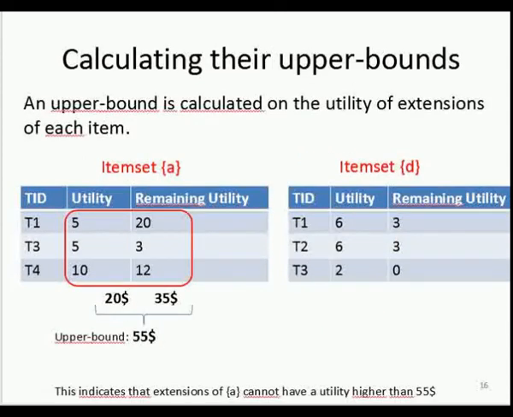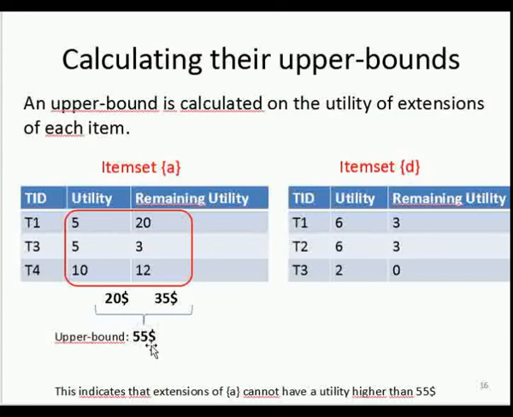Now, if we want to calculate some upper bound to reduce the search space using the utility, we can do like in the FHM paper. We take the sum of the utility column and the sum of remaining utility, so $20 plus $35, and this gives you an upper bound. That means the upper bound here is $55.